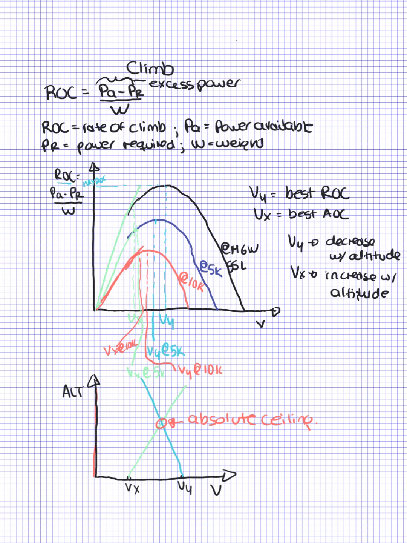So when we talk about climb and the examples and the formulas, we have rate of climb is power available minus power required over weight, okay? Or we can put it in terms of thrust and velocity, knowing that power is thrust times velocity.